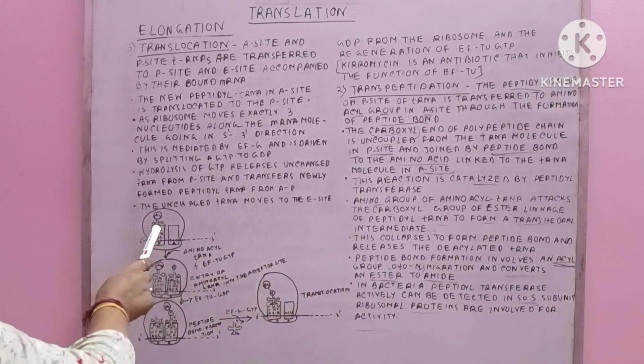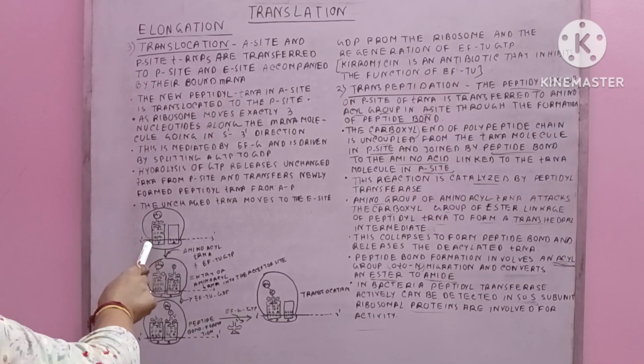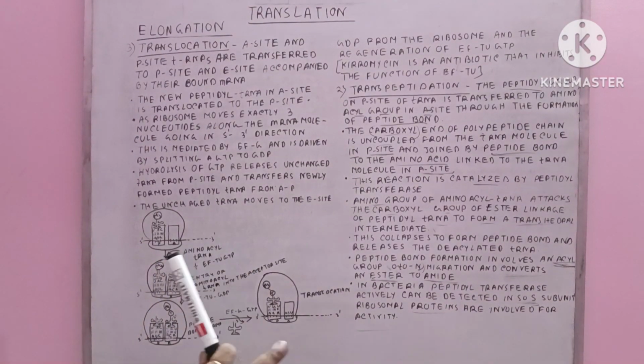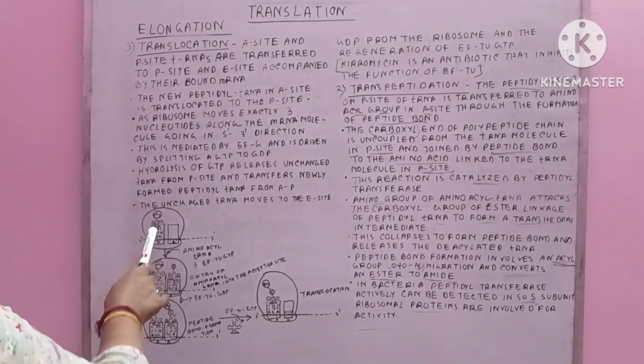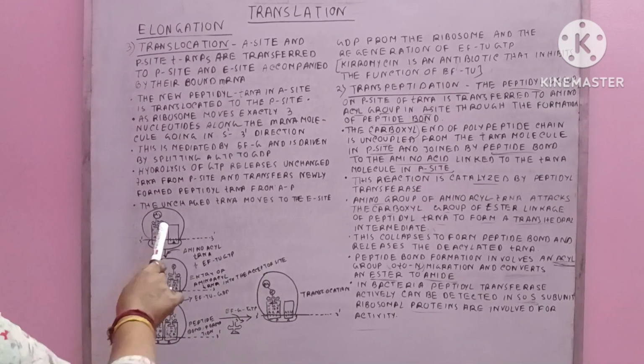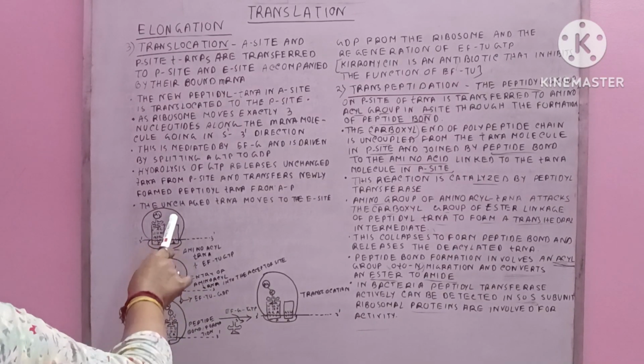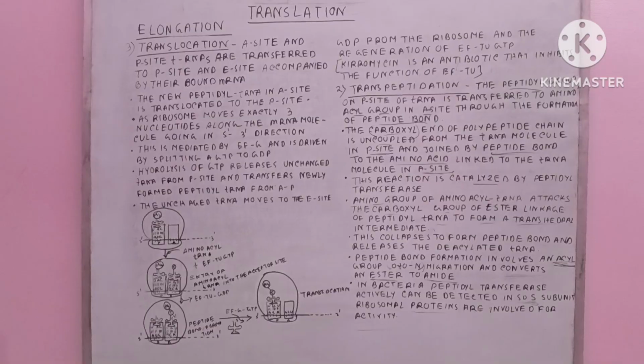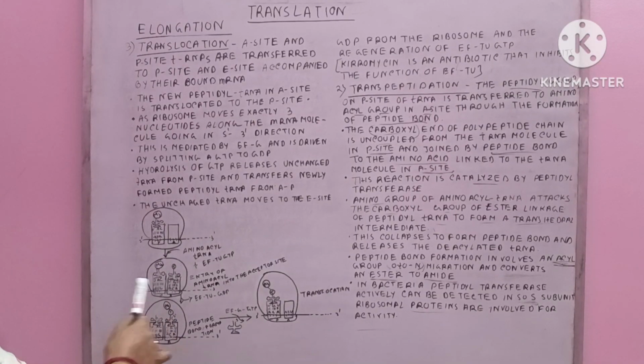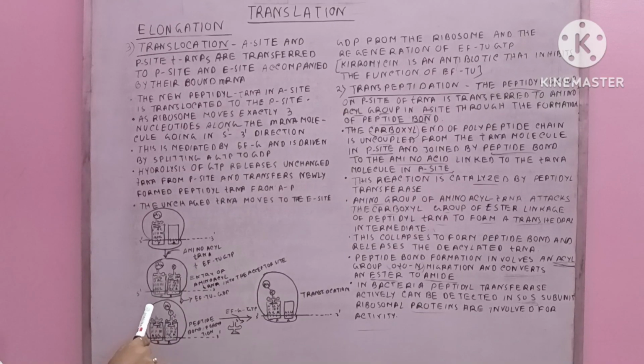That means you can see first the P site is already bound with the initiation codon AUG, and now another tRNA with the matching anticodon is bound to the A site, so both the P site and A site are occupied. But in this stage, the P site releases its group, and this group forms the peptide bond with the group of the tRNA present at the A site.